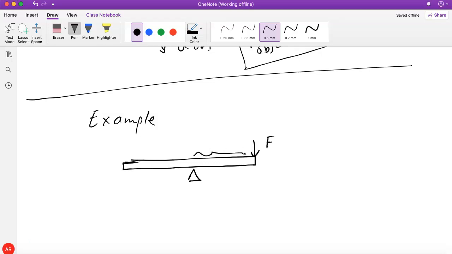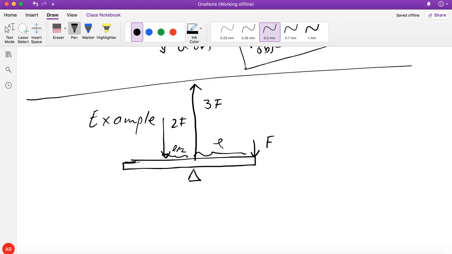Here you have a distance L, and at a distance L over 2, we apply a downward force 2F. Then at the pivot point, if the net force is 0, we have a force 3F down, so we must have a force of 3F upward. Therefore the net force acting on this rod is +3 - 2 - 1, which is 0.